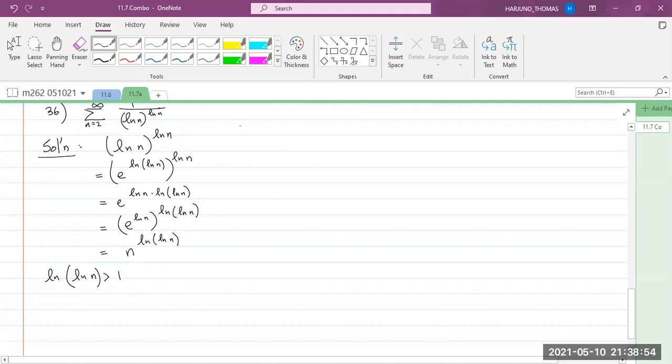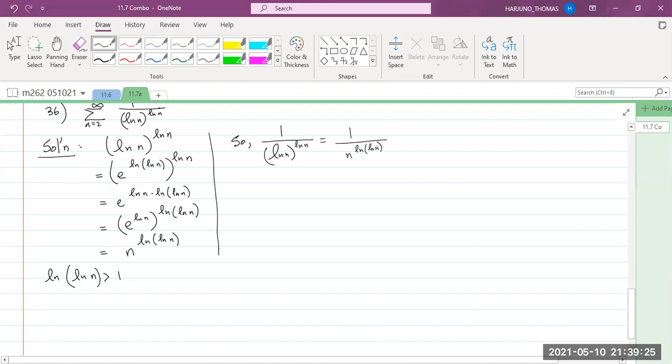So hold on. It's basically saying the following. Because this guy here equals this, 1 over natural log of n to the power of natural log of n is equal to 1 over n to the ln of ln n.